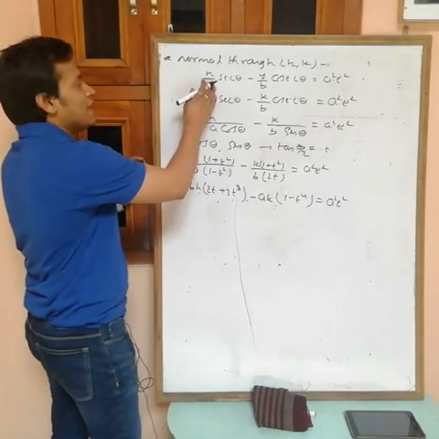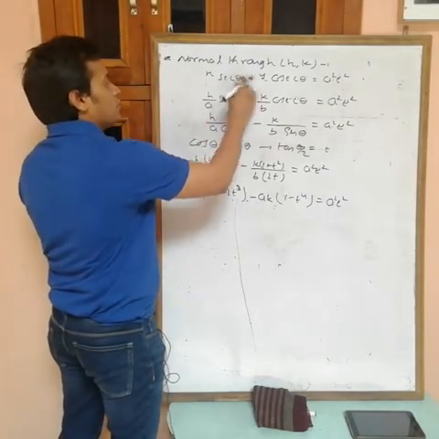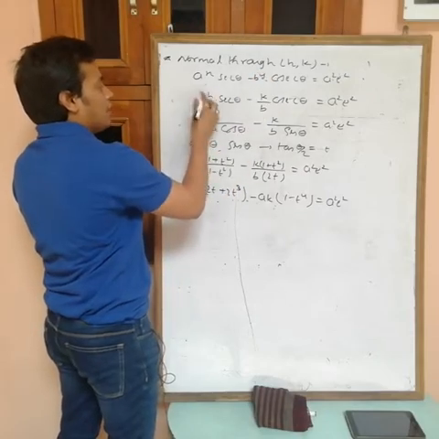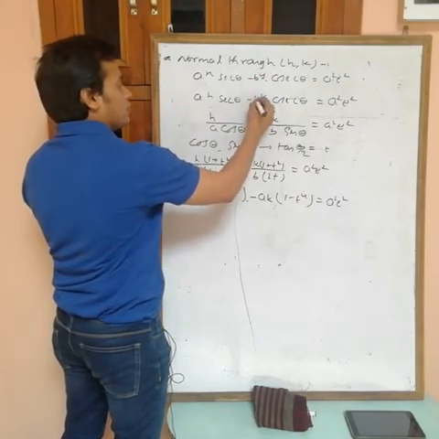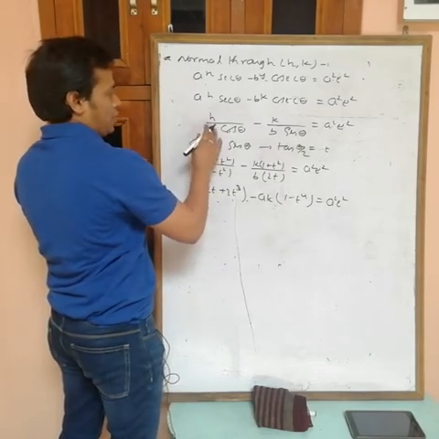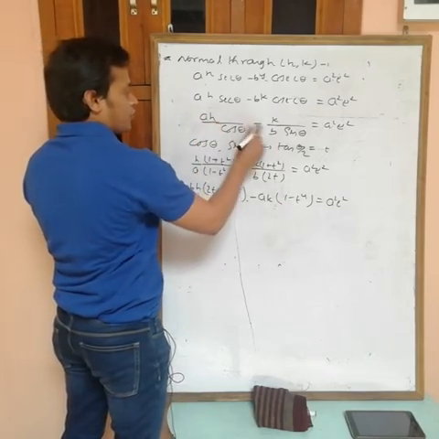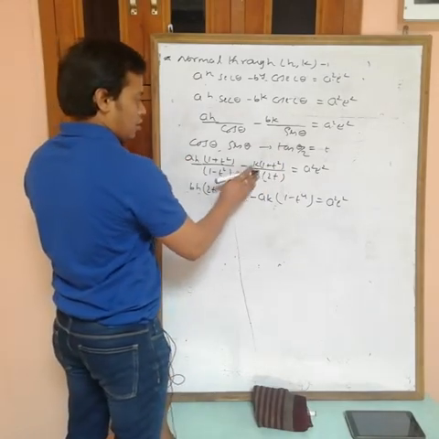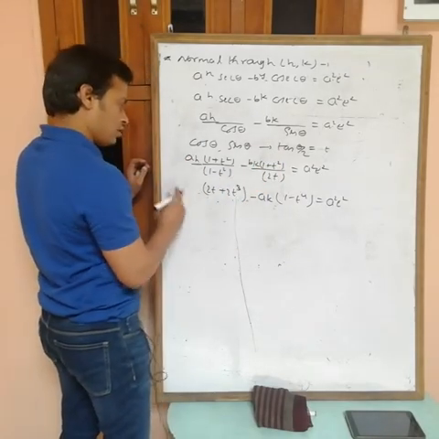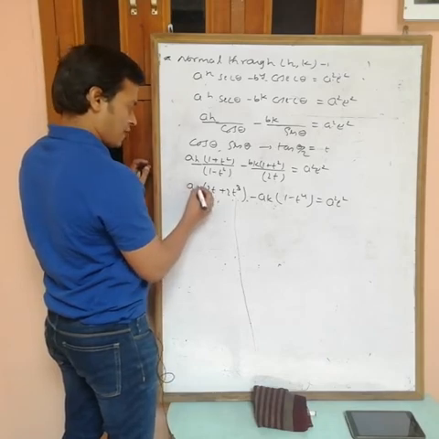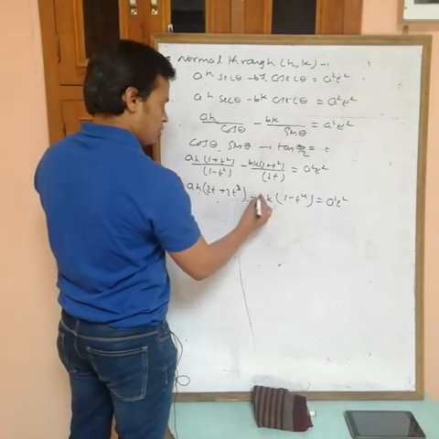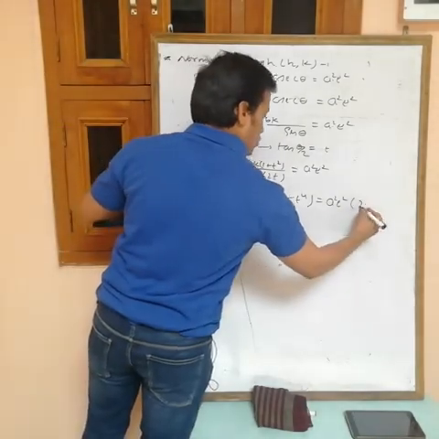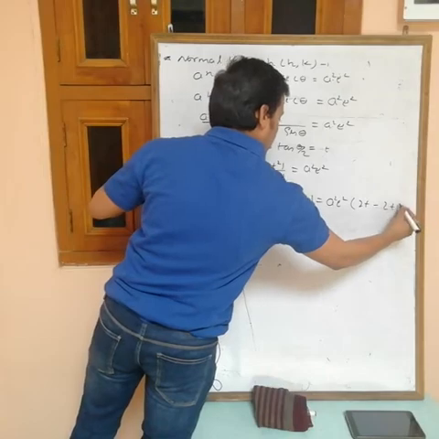Equation of normal is ax sec theta minus by cosec theta, with a and b here, then ah and bk. Then multiplying and moving this to this side, we get 2t minus 2t cube.